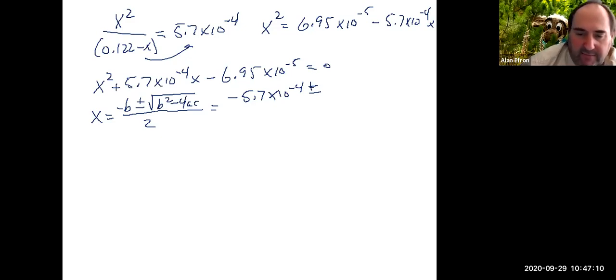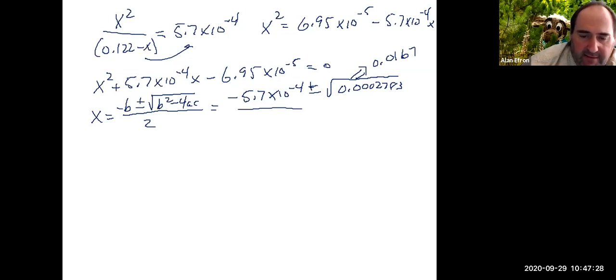If you do everything inside the square root, you get 0.0002783. You take the square root of that and you get perhaps 0.0167. That's all divided by 2 in this case.